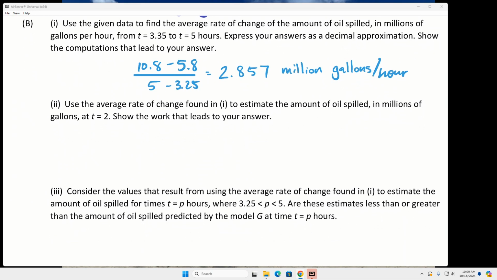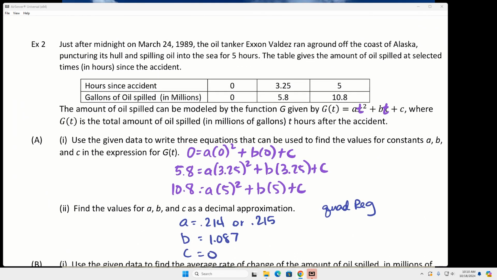All right, so we are going to use that average rate of change to predict the amount of oil spilled at t equals 2. And so we're going to write our secant line using either point that is not 0, 0. So which one would you rather do? 3.25 or 5? Okay.